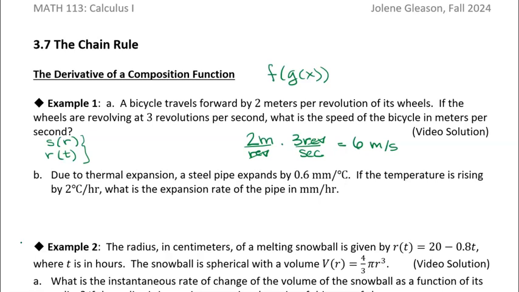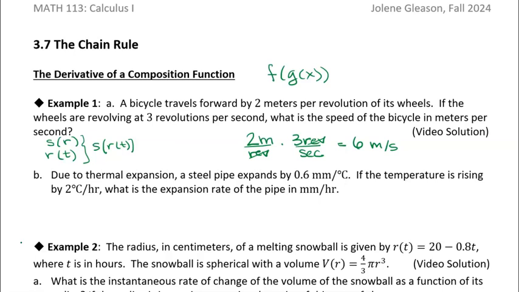If we wanted to know the distance traveled as a function of time, we could do this composition: we could replace R in the function for the displacement with R of t, and then we would get a new function which would have an input of t and an output of the displacement, or the distance traveled.